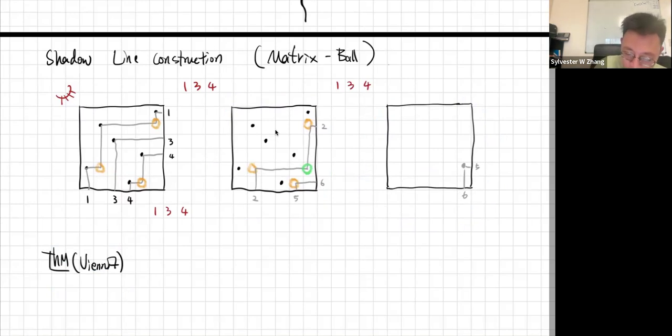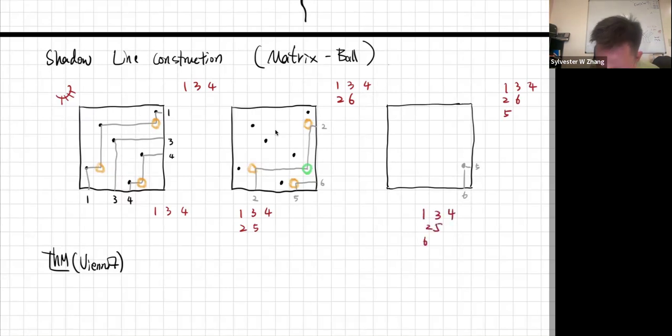Sorry, these 1, 3, 4 are the first row of the Q tableau, and it's also the first row of the P tableau. And then 2, 6 is going to be the second row. Here, 2, 5 is going to be the second row. And then finally, 5 is going to be the third row. 6 is going to be the third row. So, okay, Viennot basically proved that this gives RS.